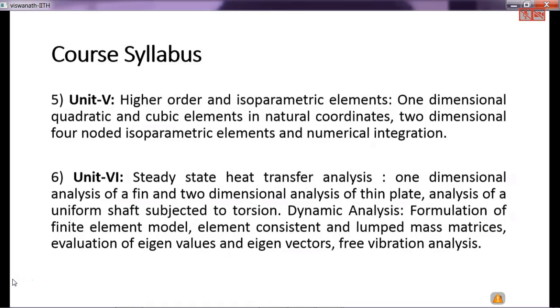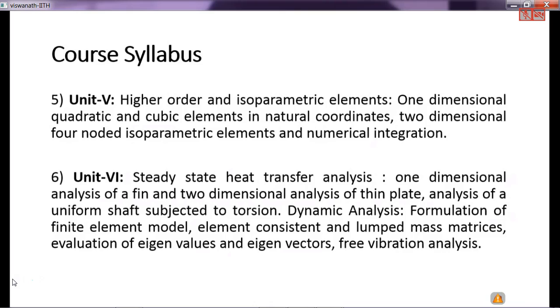So that is what natural coordinates will help us do, to give a template form. Once the template form is obtained, we are ready to use it again and again, and it will reduce our computations. That is one part of it.